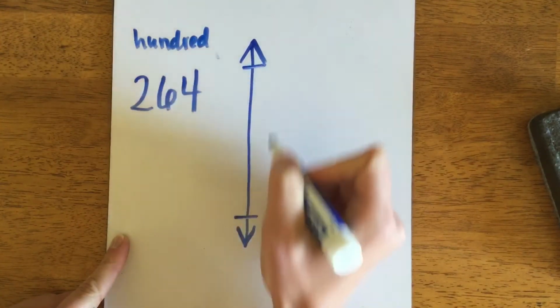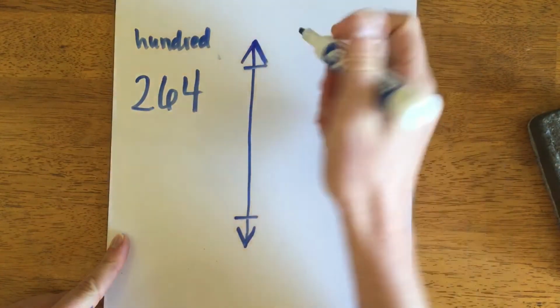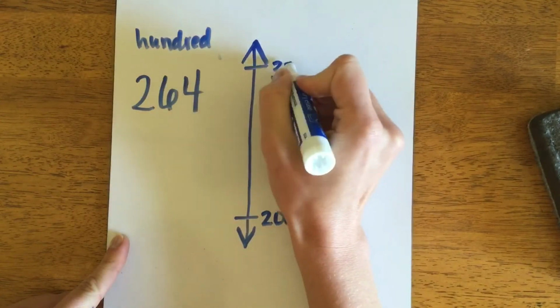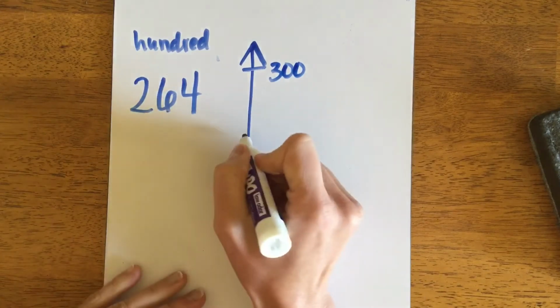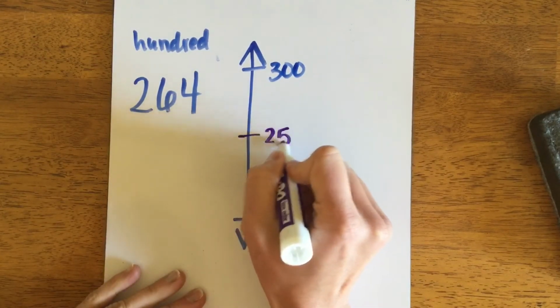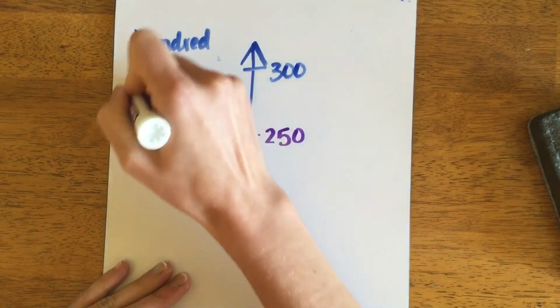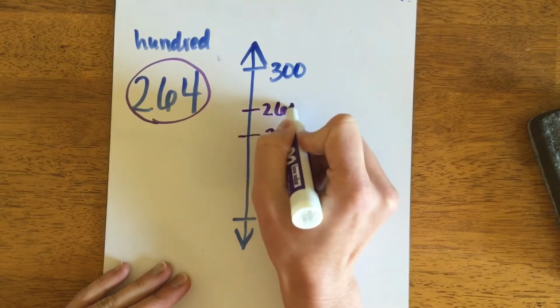So identify the 100 that goes below 264 and the 100 that goes above 264. That's 200 and 300. Then I identify my midway point, which is 250. That number makes it a lot easier for me to identify where 264 goes on the number line, which is about right here.